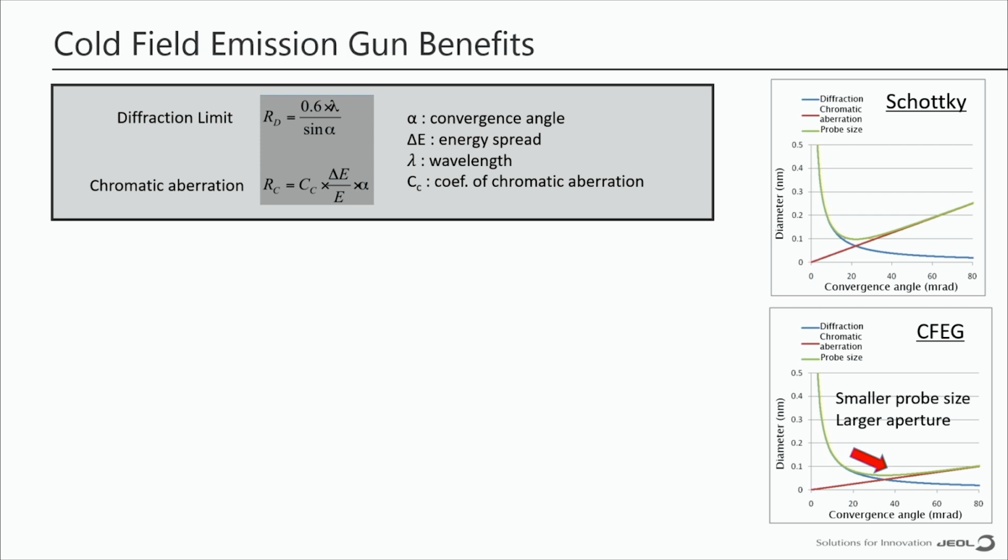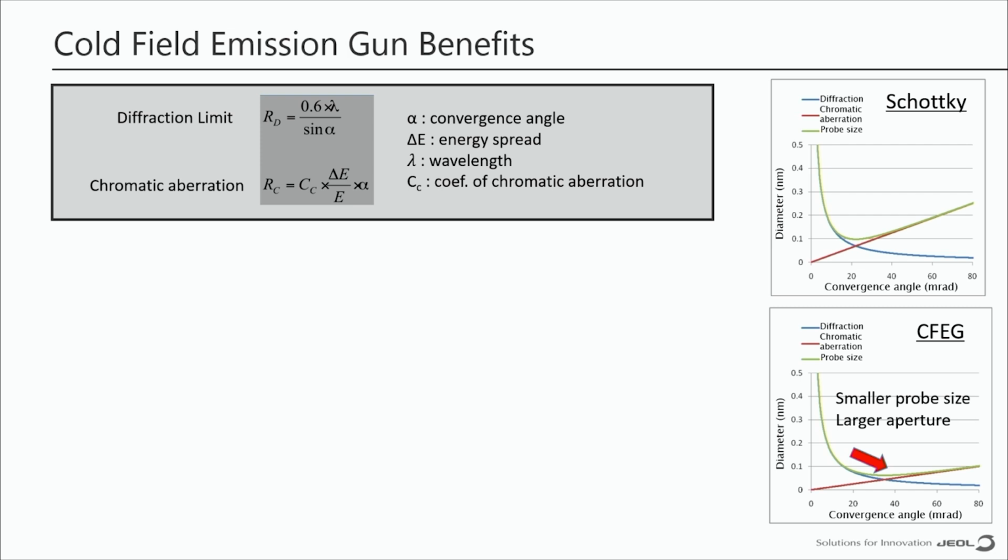So if we do it with a Schottky with a larger energy spread, we're kind of right down around this regime. If we use a cold field emission gun, it's got a smaller delta E, this delta E over E factor here. It lays this curve flat, gives us this larger range.